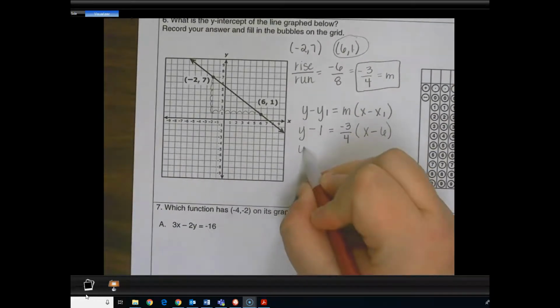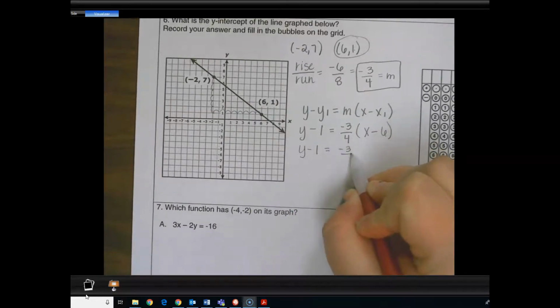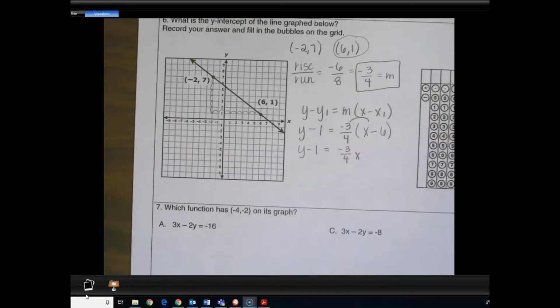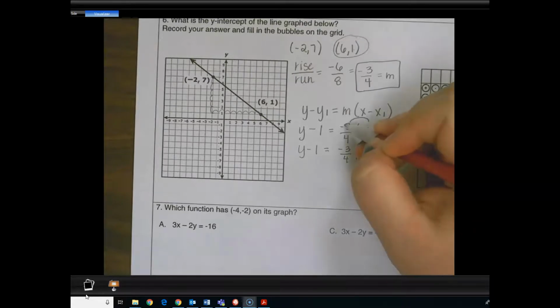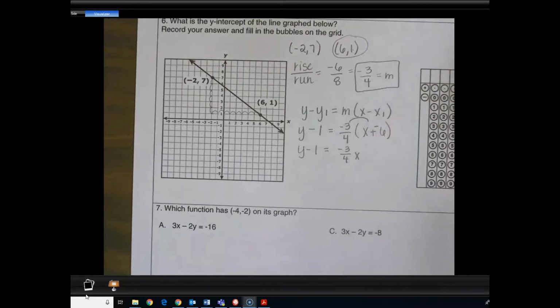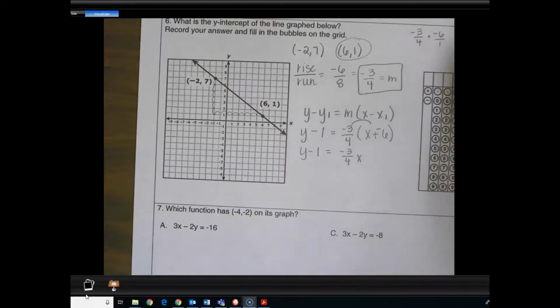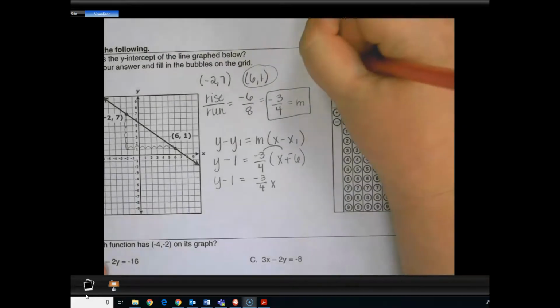So y minus 1 equals -3/4 times x minus 6. I'm going to go ahead and distribute, changing the sign because this is a negative. So I'm going to do -3/4 times -6. I know you have a calculator, so you can use it, but I'm going to just do this by hand.